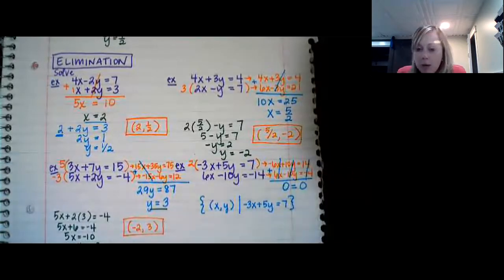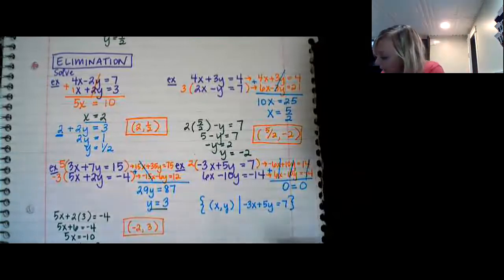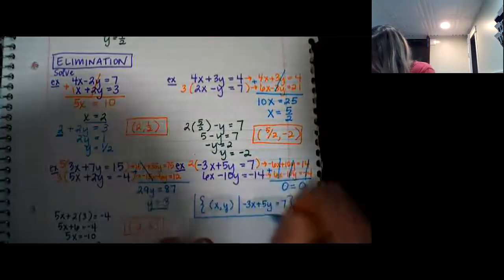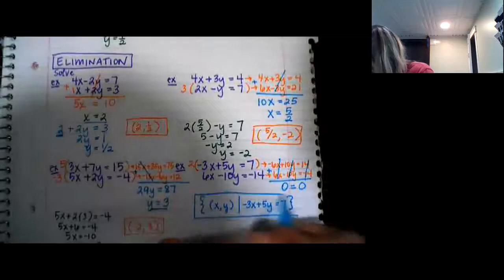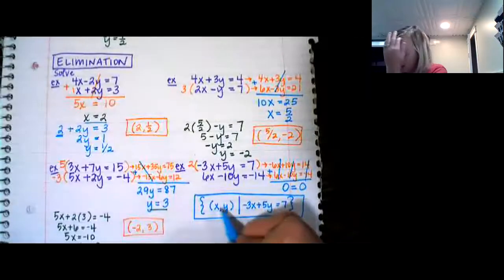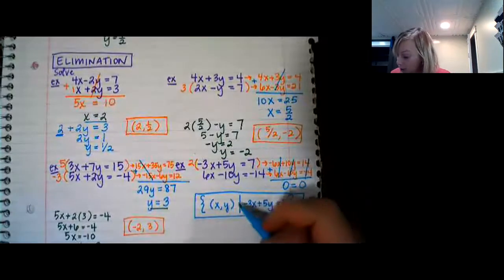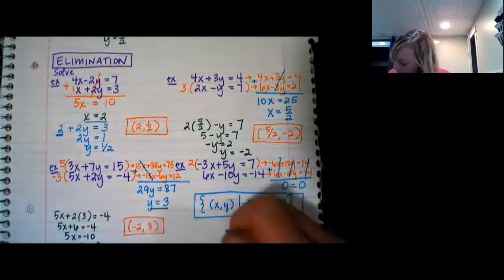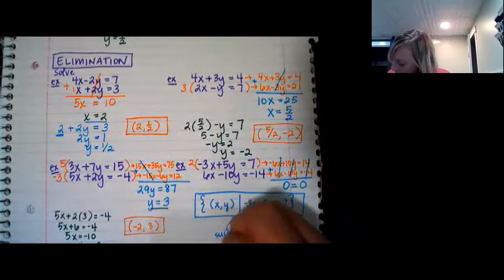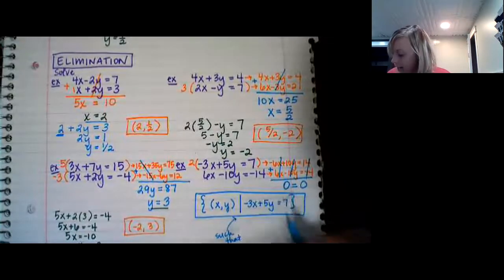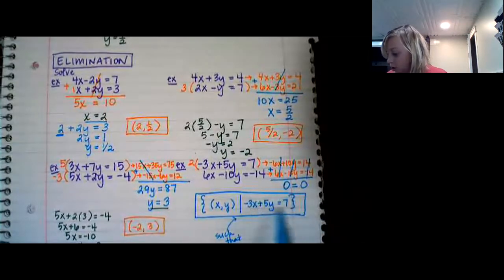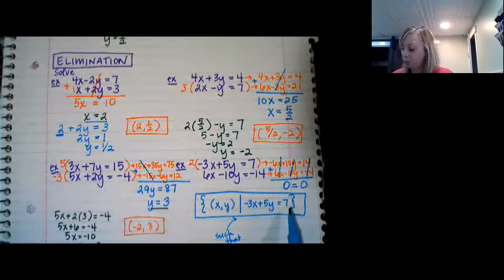Okay, so again, I'm going to repeat that because this is how we're going to want to write our answer: we use those curly brackets, and then you say x, y, so this is referring to any point, such that, this vertical line here means such that, it lies on this equation here. And again, you can choose either one. You're just saying that it's any point that satisfies this equation.